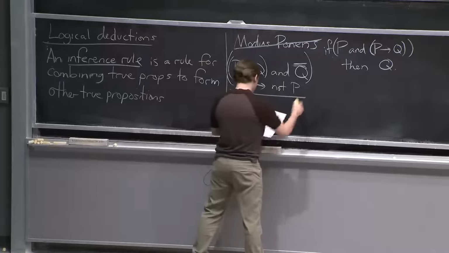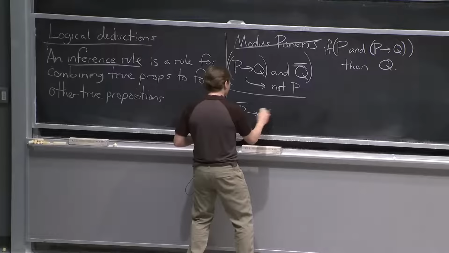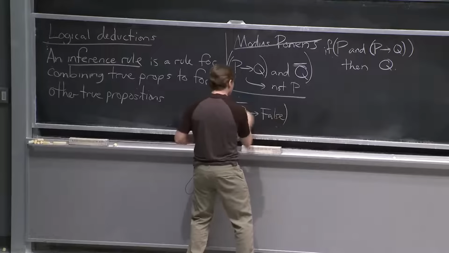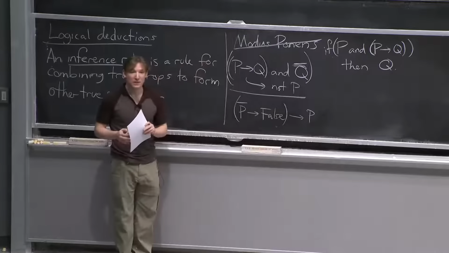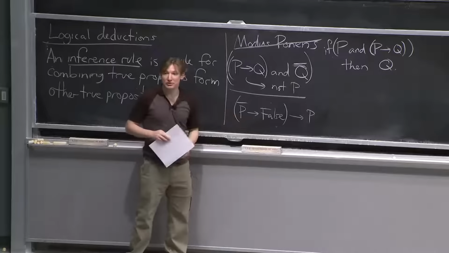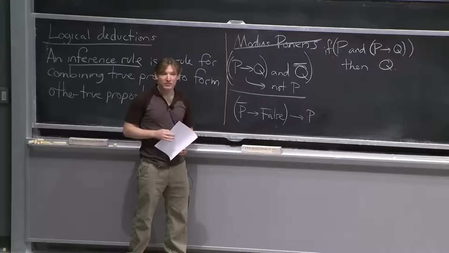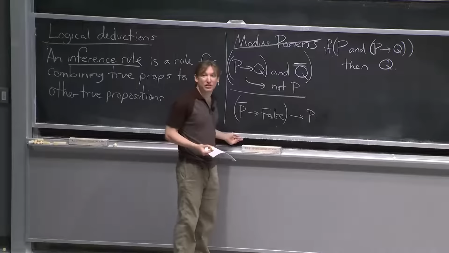Here's another fun one. If we know that not P implies false, then that implies P. Basically saying if P isn't false, then it's true.